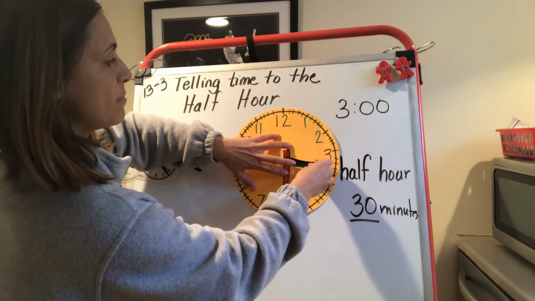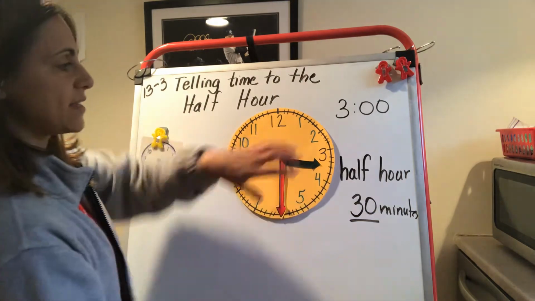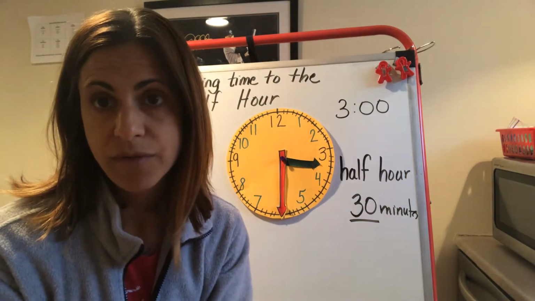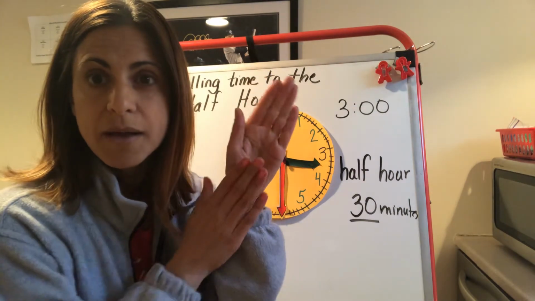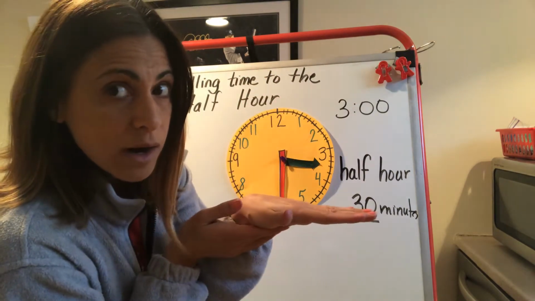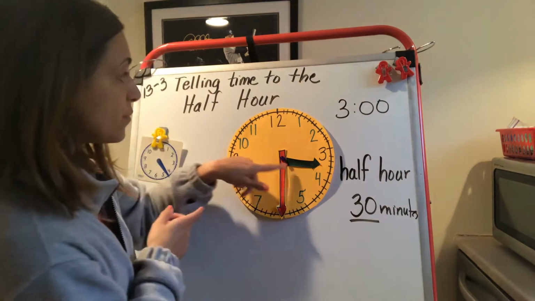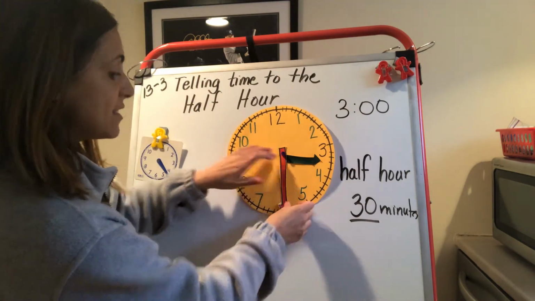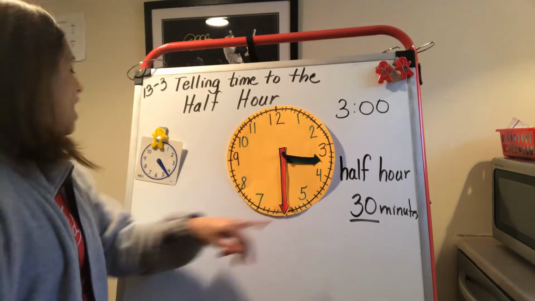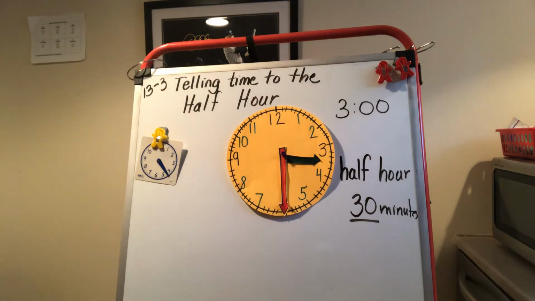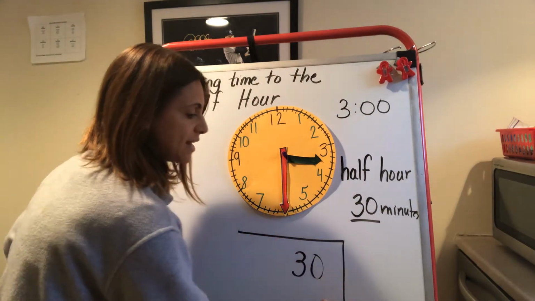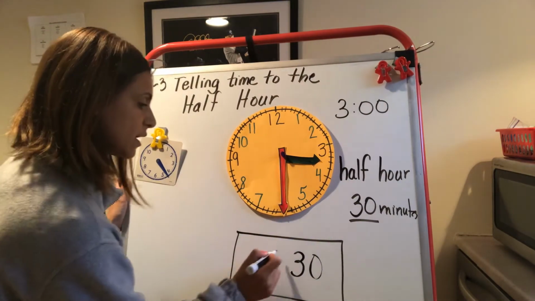My minute hand is pointing to the 6. My hour hand slowly was moving from the 3, not quite on the 4, but in between. When I look at the clock, I know the minute hand is on the 6. I know that at that time, the minutes are 30. Okay, so if I'm looking at a digital clock, you see that?